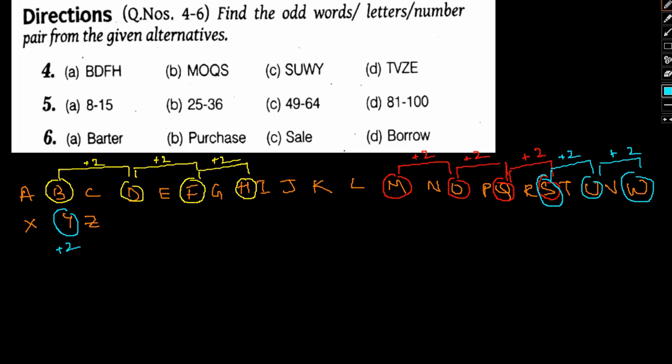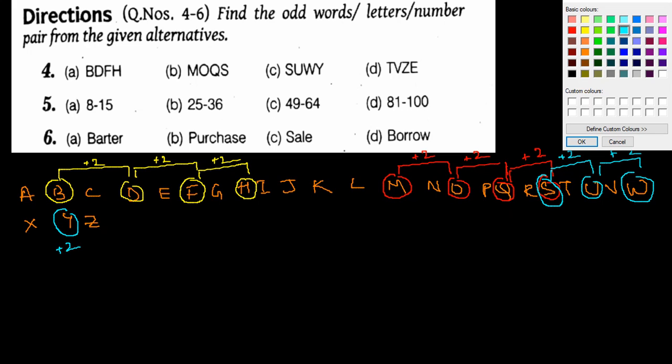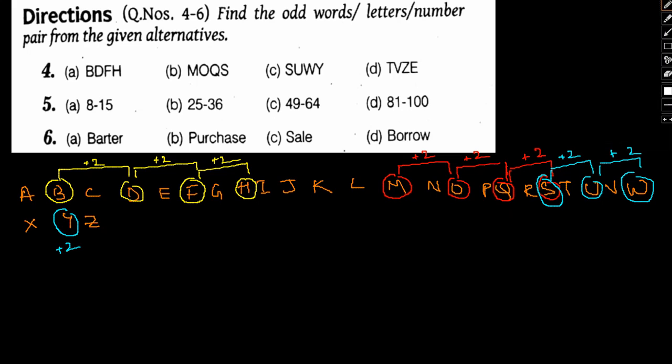Now let's look at option D. For D we have T. Start off with T: T to V, plus 2. V to Z: here you can see it's plus 4.